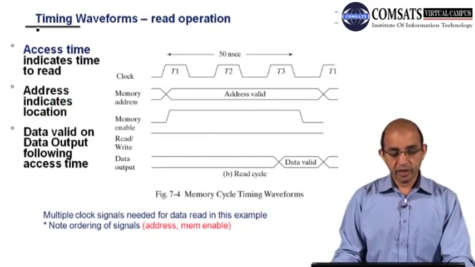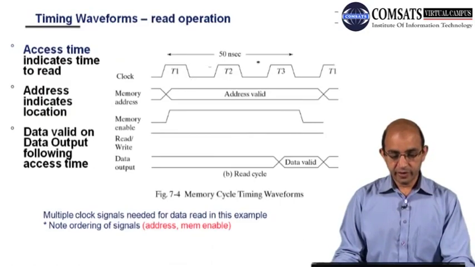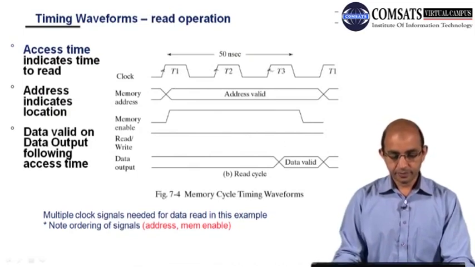How much time is required in order to access the memory location? You can see that again here we need 3 T's. So 50 nanoseconds, and for 50 nanoseconds we again have 3 edges, 3 clocks.